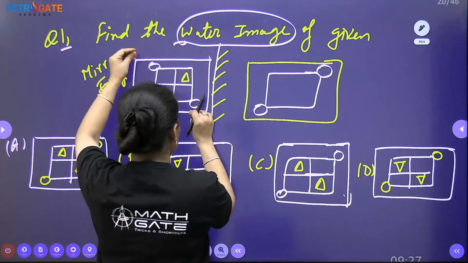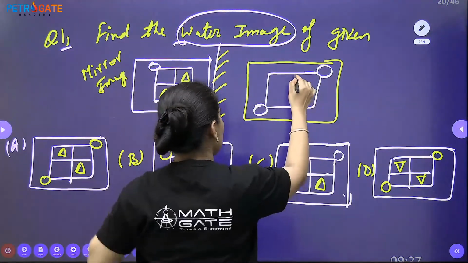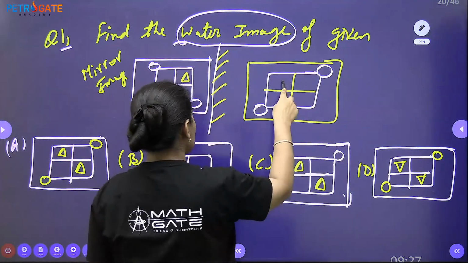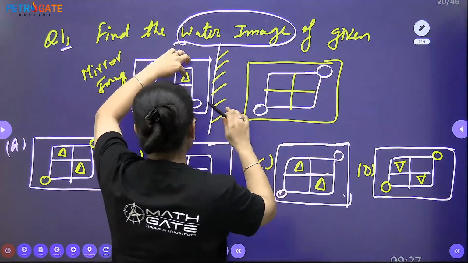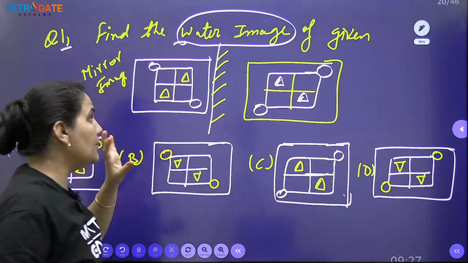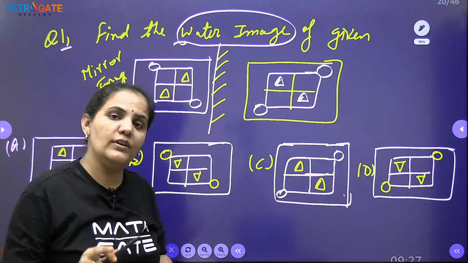So when I'm going to flip this one as it is, these two circles will be here only. Okay, and when we go for these sides, the sides will definitely change. So these two will be here only, and this one will be here. So this will be the mirror image. Okay, but we have to find out here the water image.